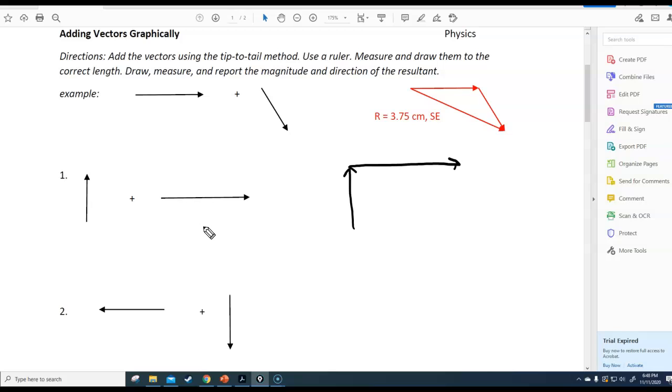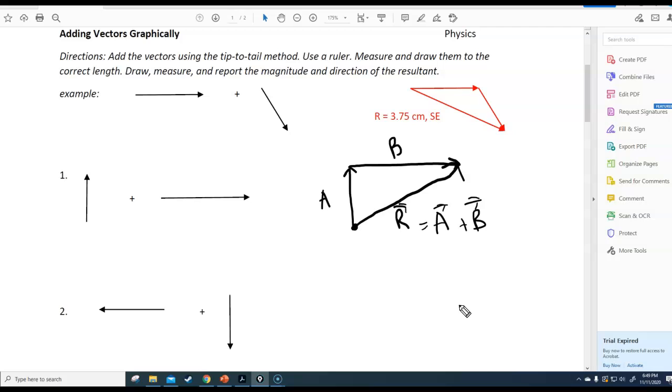And then the resultant would be drawn from the tail of the first to the tip of the second. In other words, if this is vector A and this is vector B, this would be the resultant, which would be A plus B. Okay, so here it's just an arrow going up and to the right, basically.